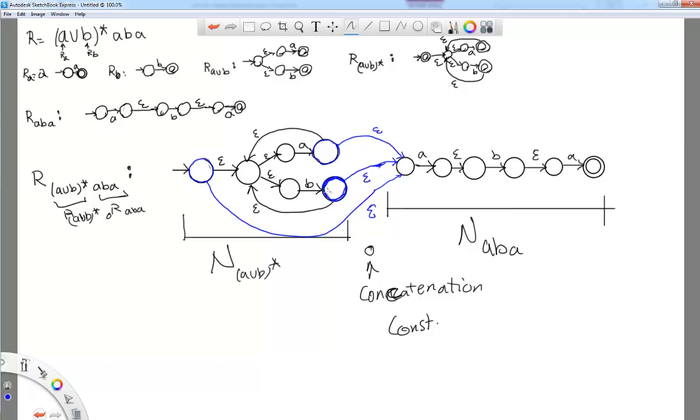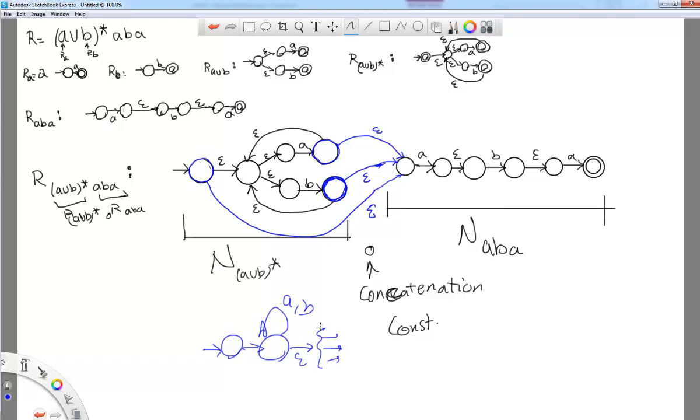The first portion of this you can simplify with just one state that loops back to itself, and at that point it also has the option of transitioning into the second part of the machine, right?